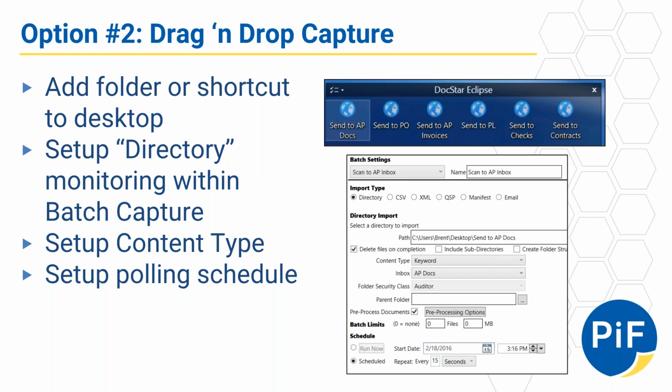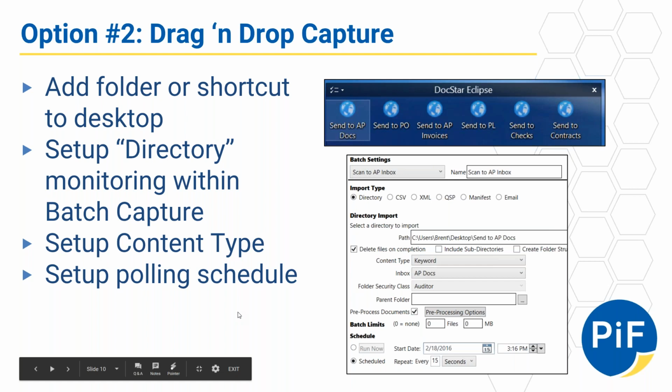Or if you're using a more enterprise deployment, you might have a folder on the server that you want to just put a desktop shortcut to on that particular user's machine. And make sure you hit the delete files on completion, else it will continue to bring in the same documents. And again, you're just setting up what content type it's going to and how frequently you want to run it. So it's very easy to set up.